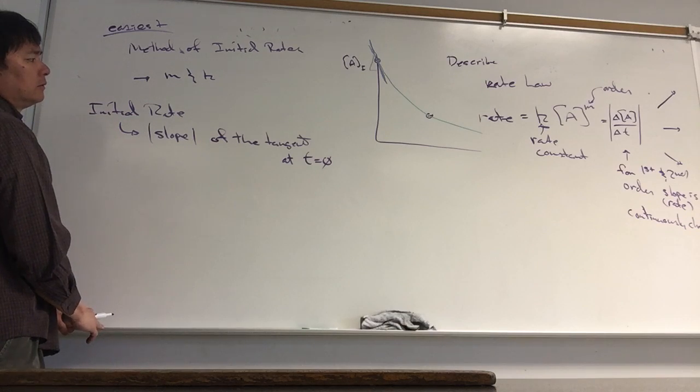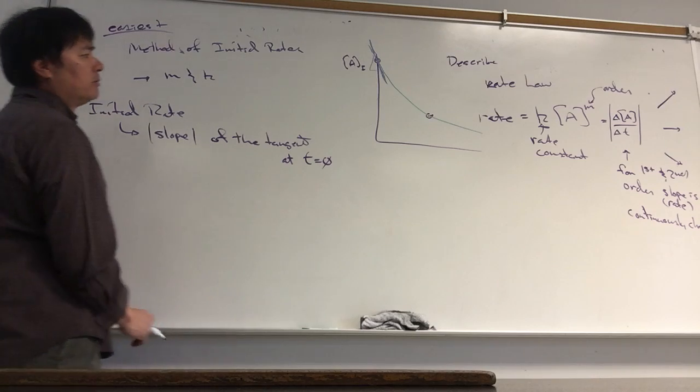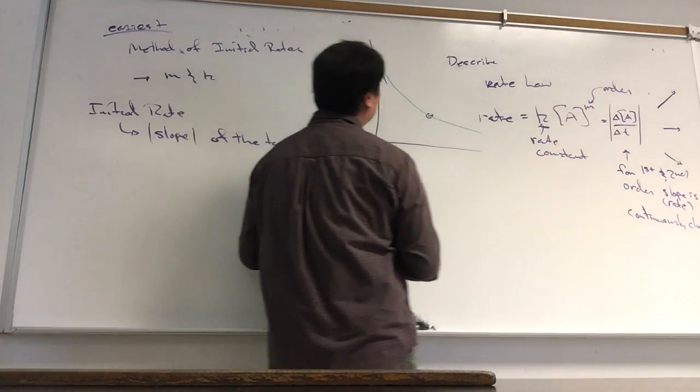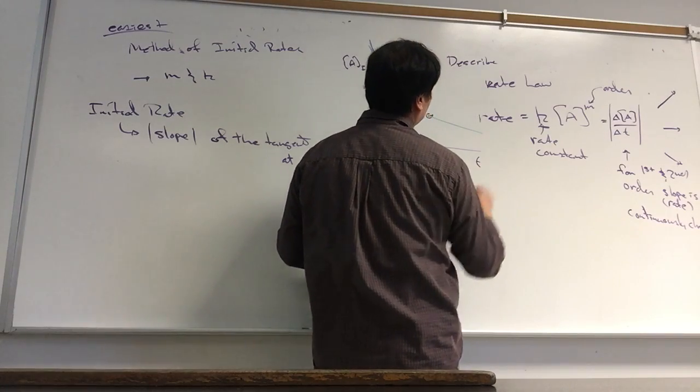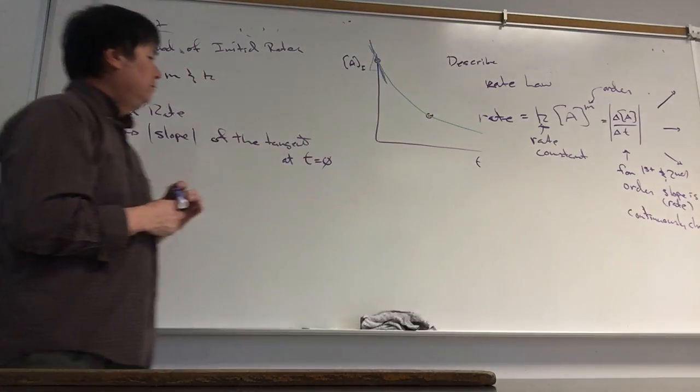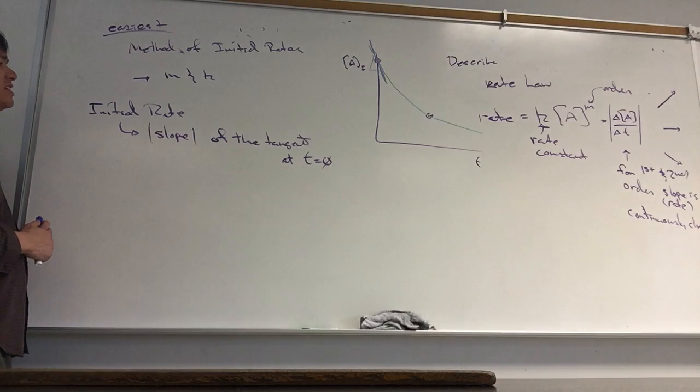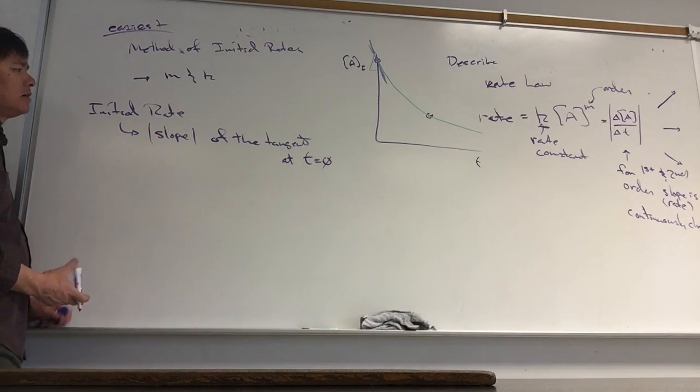Concentration, yeah, just delta concentration over delta t. That's the slope of this, because this is versus time. So we also call this the instantaneous rate at time 0.